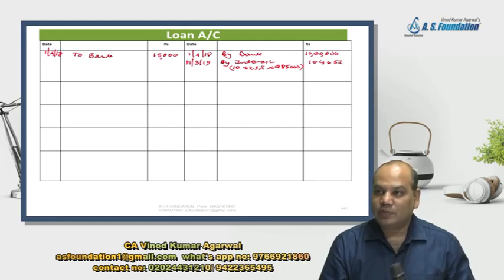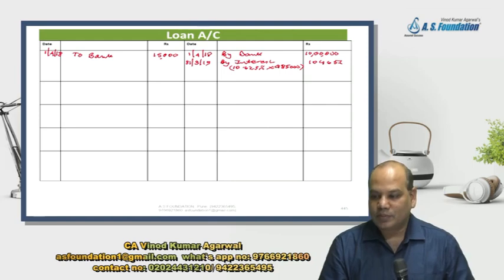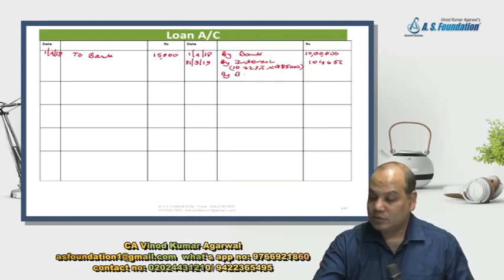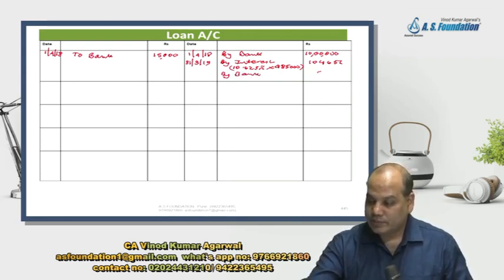And one more entry we had passed on 31st March 19. B Limited gave loyalty bonus of rupees 5,000. We are in the books of C Limited right now. So they will receive, bank account debit to loan. So write down same date, by bank. How much is that amount?